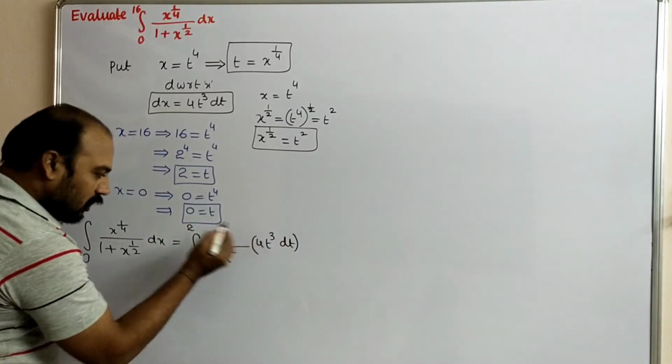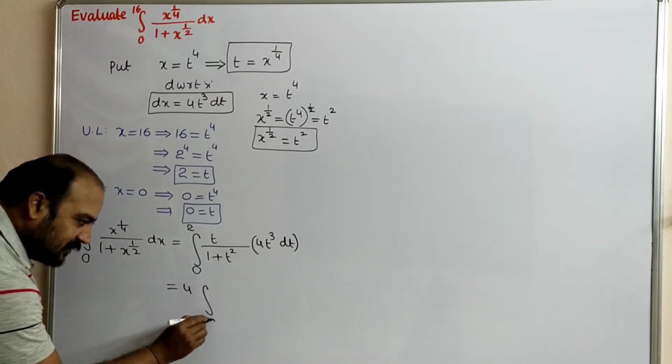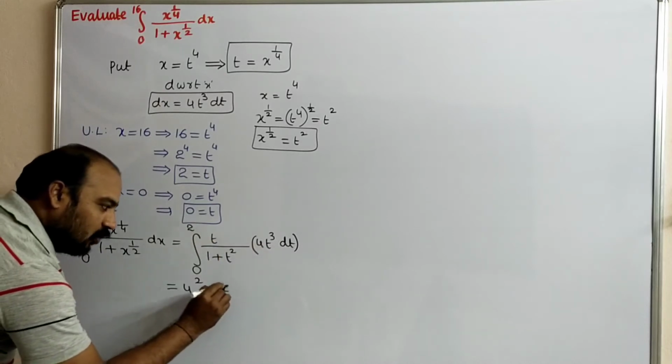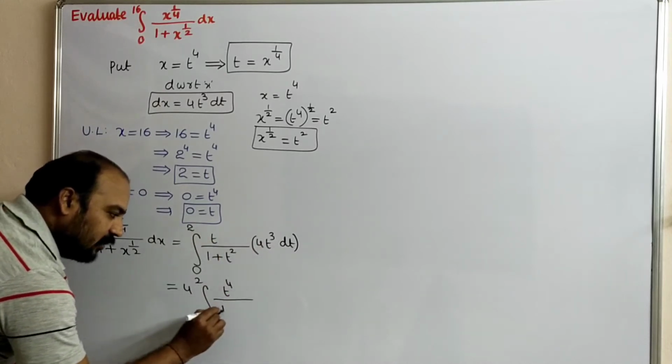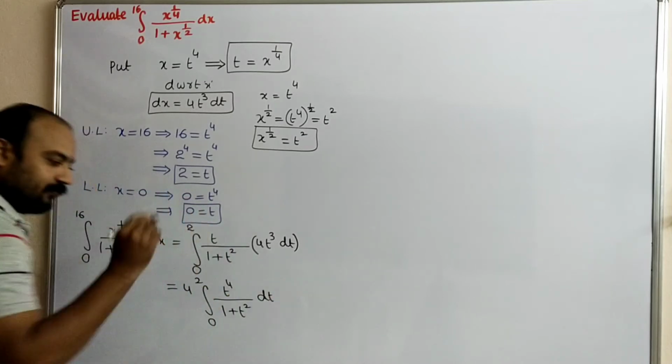Now the constant 4 we can take outside: 4 into integral 0 to 2 of t cube into t, that is t power 4, divided by 1 plus t square, dt.